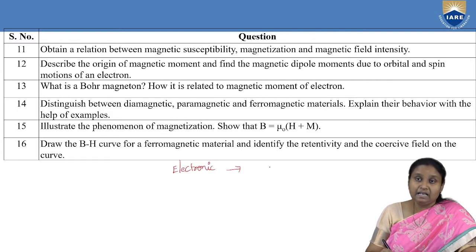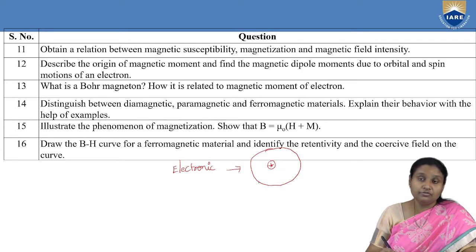When we take an atom, it has a positively charged nucleus surrounded by a spherical electron cloud. When no electric field is applied, the centers of the positively charged nucleus and the negative electron cloud meet at a point. They are not in the state of a dipole. But if we apply an electric field in this direction, then the electron cloud is displaced in the direction opposite to the applied field.